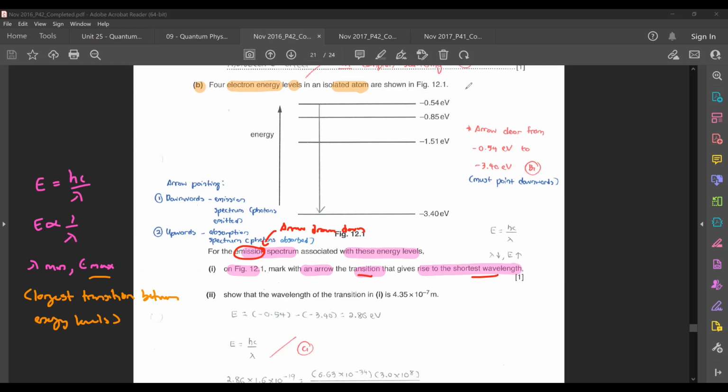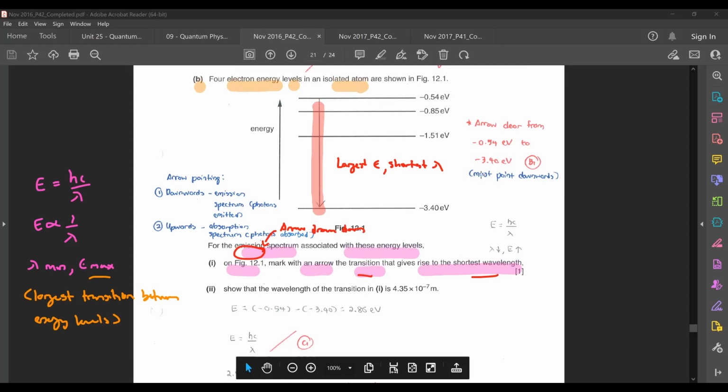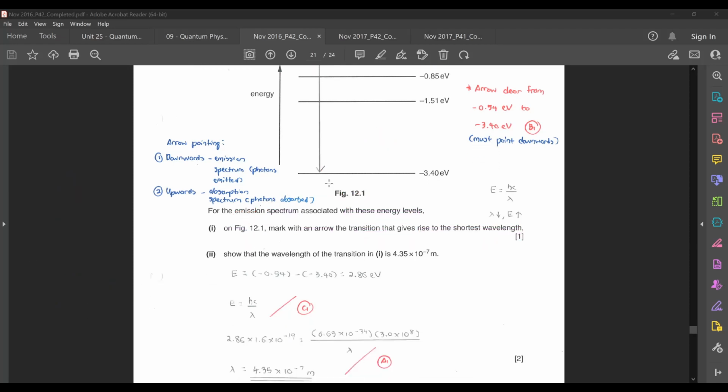So here you would need to draw from here to here, because this one will give you the largest transition between the energy levels. This one gives you the largest E, shortest wavelength.